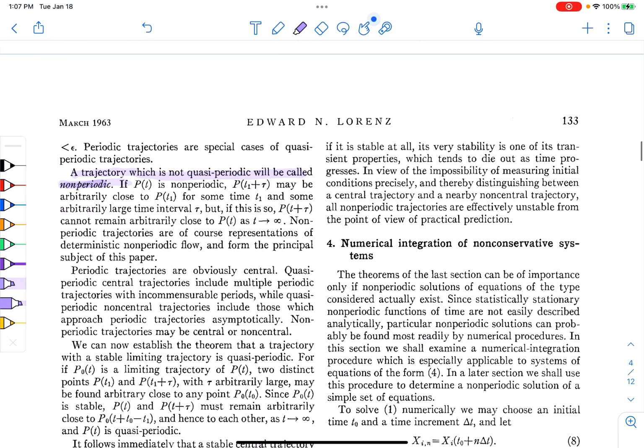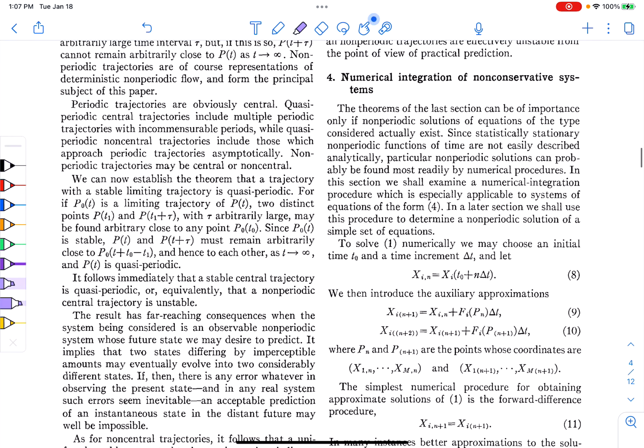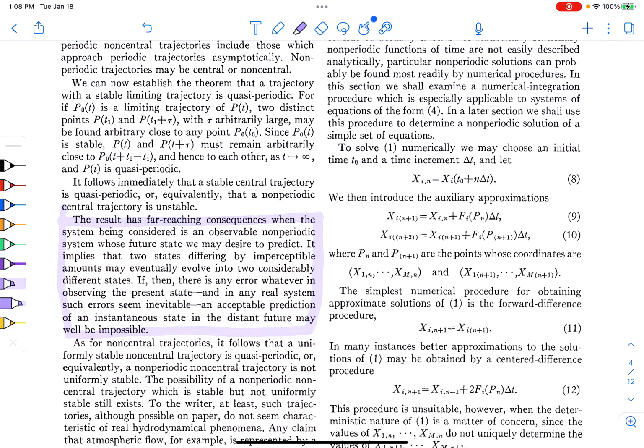On page 133, I highlighted this whole paragraph, which I thought was important to read to the class, because I know not everybody reads the paper. It says, these results will have far-reaching consequences when the system being considered is an observable non-periodic system, meaning turbulent, whose future state we may desire to predict, which is very difficult. It implies that two states differing by imperceptible amounts may eventually evolve into two considerably different states.